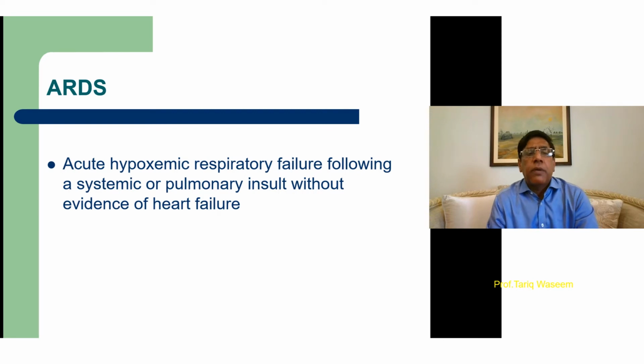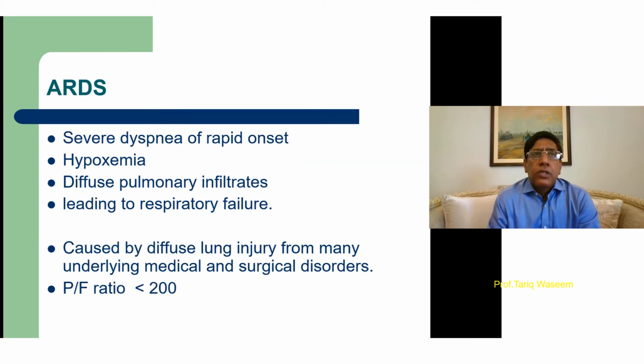That is, we have a picture like pulmonary edema, but there is no evidence of any heart failure. So how does it present? It usually presents with severe dyspnea of a very rapid onset. Someone who is comfortable or not that sick as far as respiration is concerned, and acutely within a few hours, or maybe 24 to 72 hours, starts getting severely dyspneic, then this marks a possibility of ARDS developing.